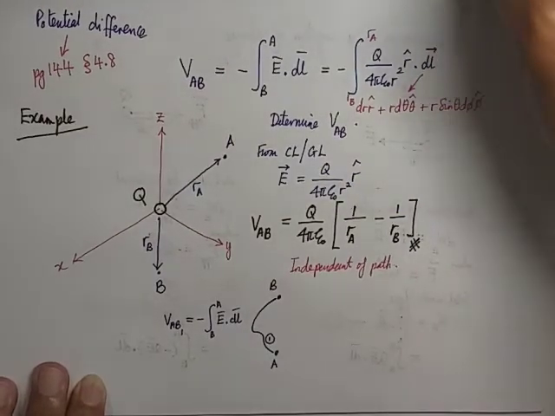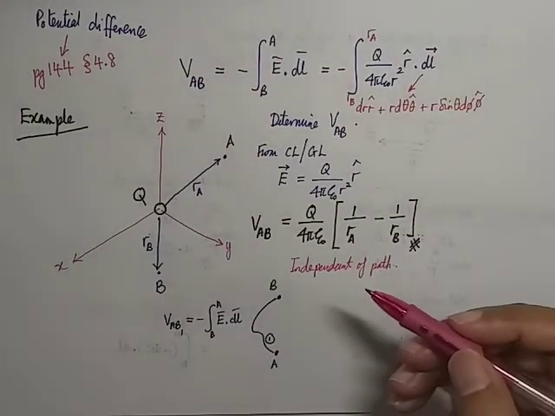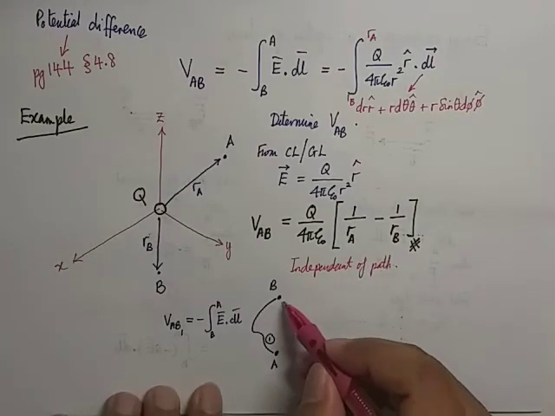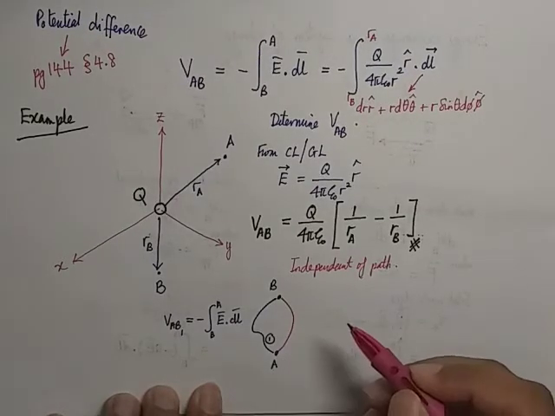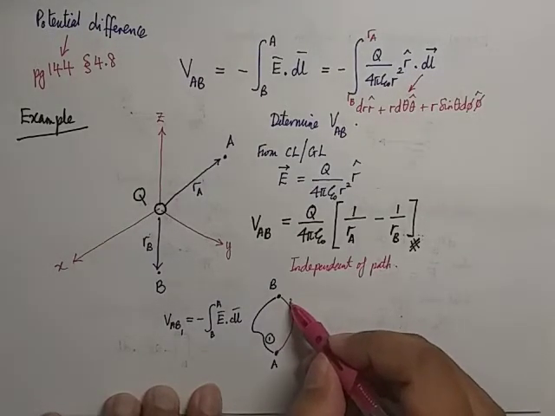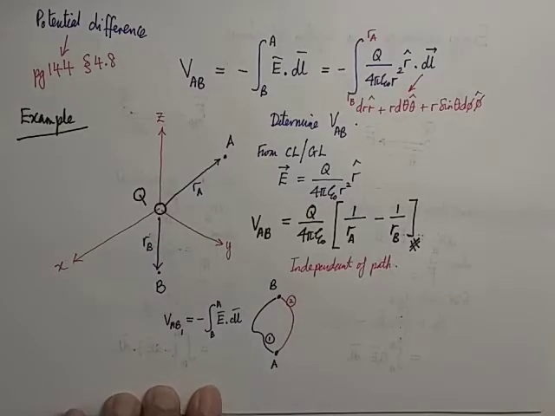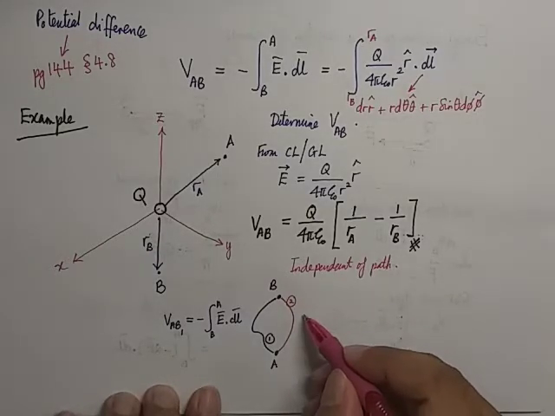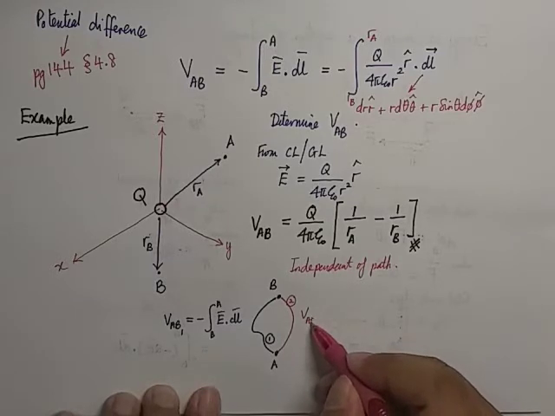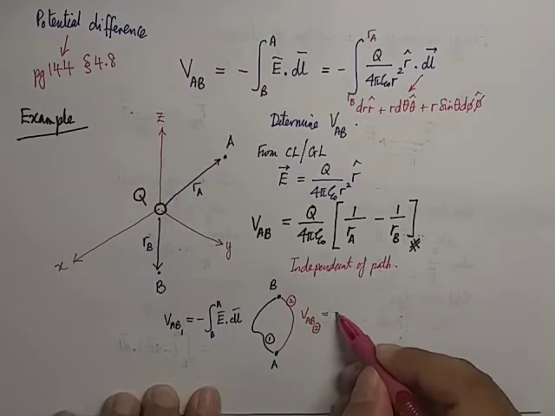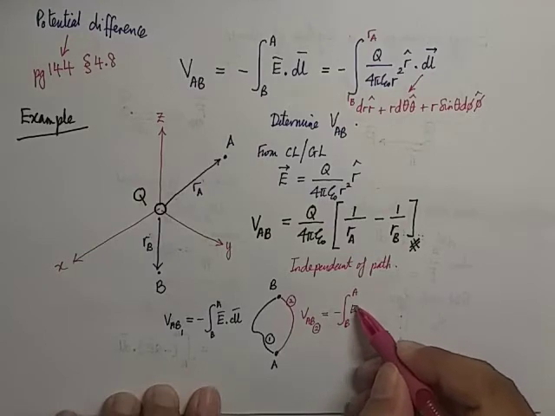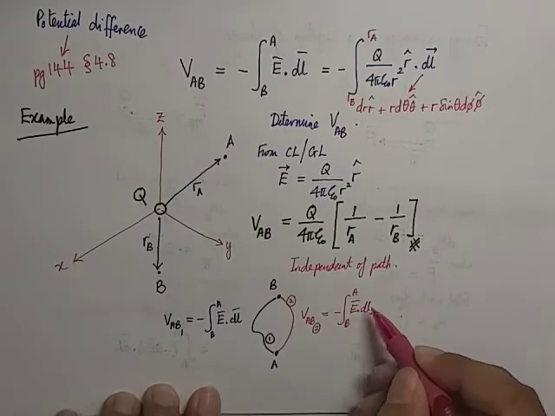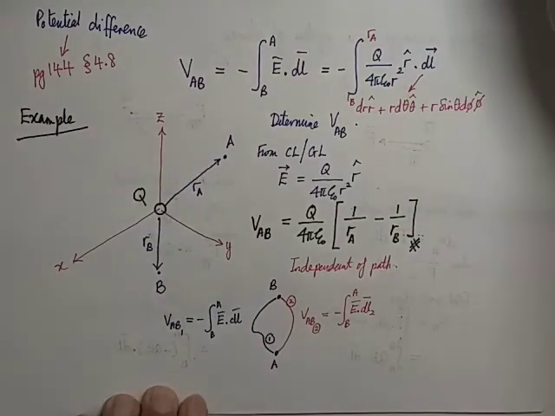Now let's do the same thing, but with a different path. I'm going to move the point charge from B to A via another path, which I define as path number 2. That also creates another potential difference, which I'm going to call VAB2. The mathematics should be equal to negative integral from B to A of E dot dl2, taking path number 2.